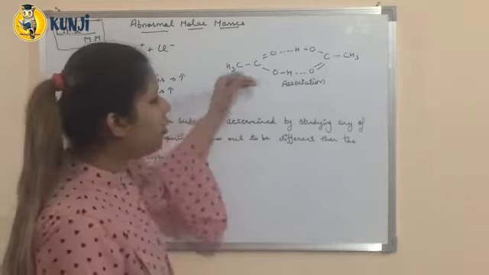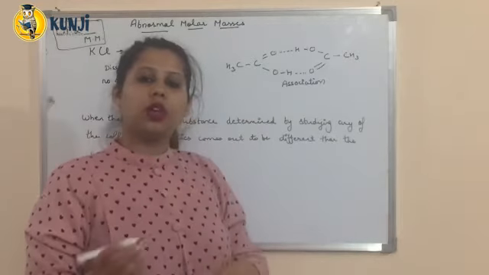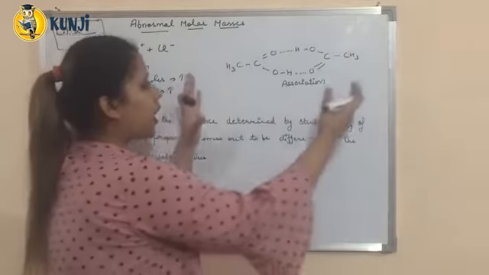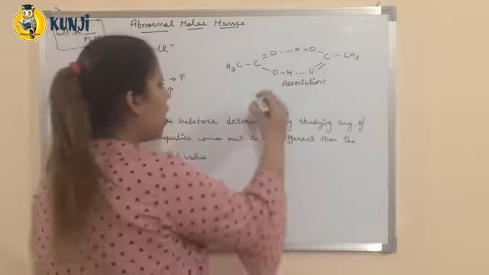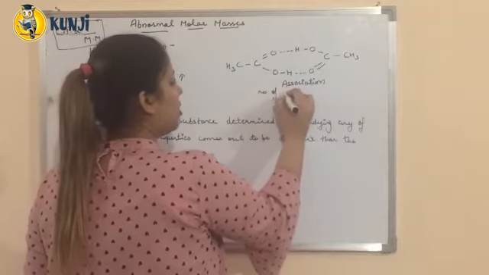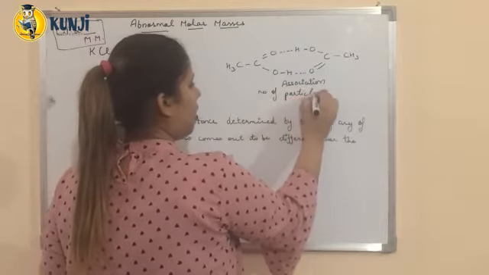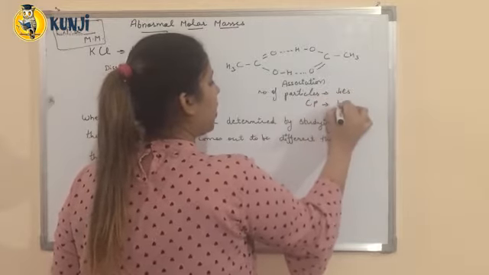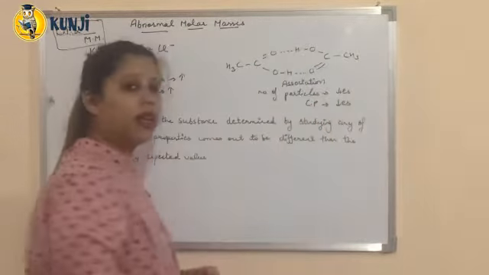On the other hand, if we take some solute which undergoes association, or we can say dimerization, it will associate and the number of particles decreases. If the number of particles decreases, as a result colligative property also decreases.